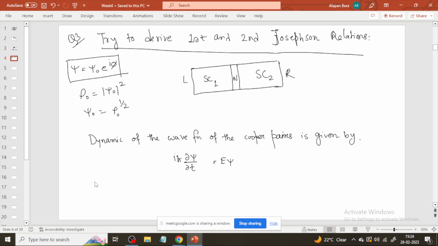Now let's assume the wave function of superconducting region 1, the left superconducting region, and the right superconducting region is given by this.